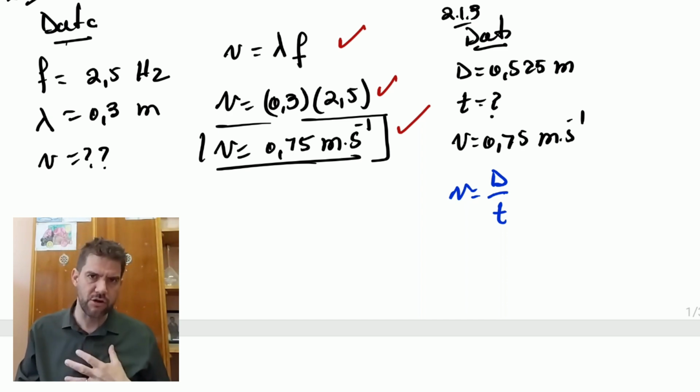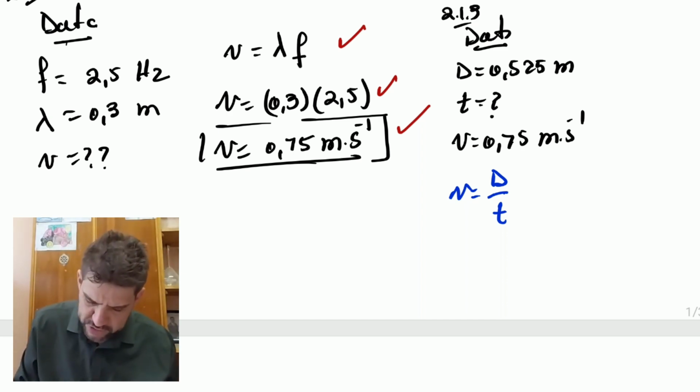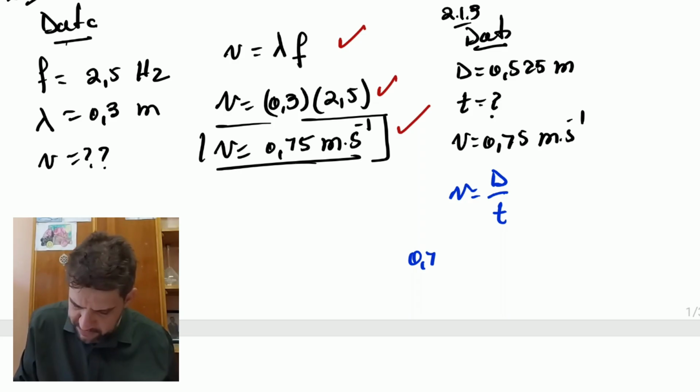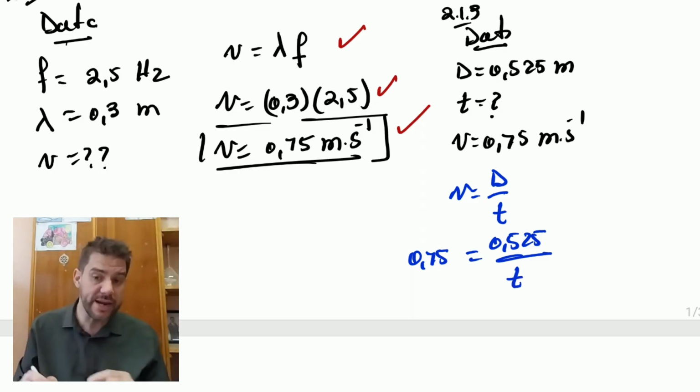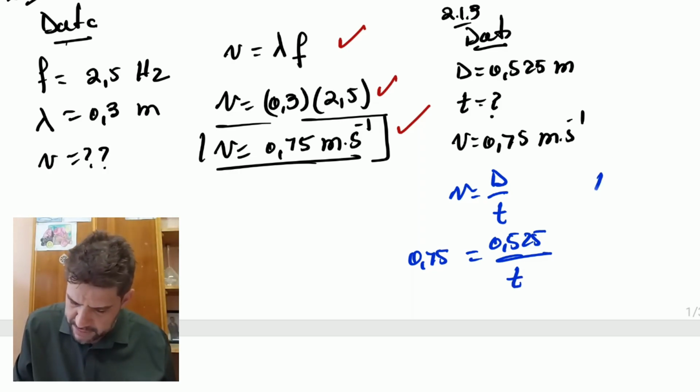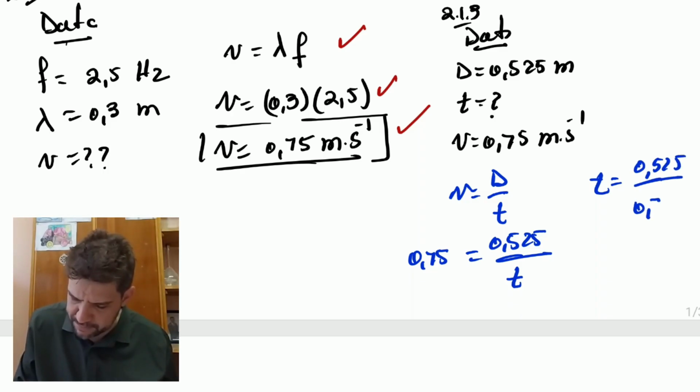And I'm going to write time with just a T for this specific topic. I personally recommend you to substitute like that. So the speed is 0.75, the distance is 0.525 divided by time. When you rearrange this one, you'll get that time is equal to 0.525 divided by 0.75.